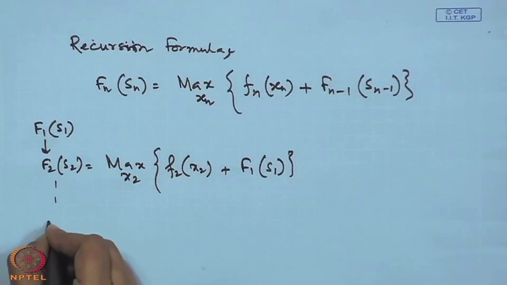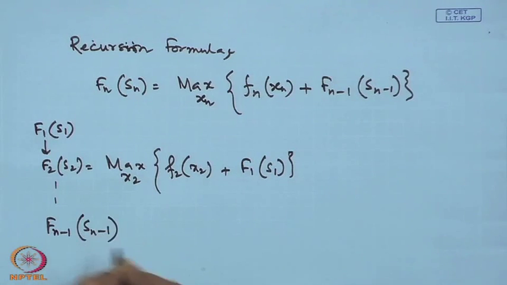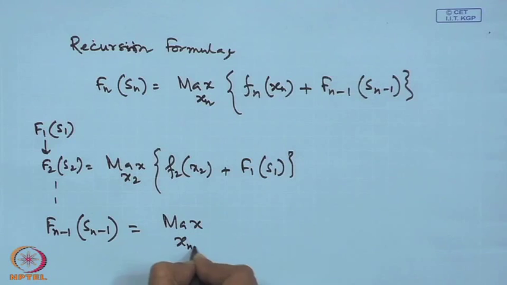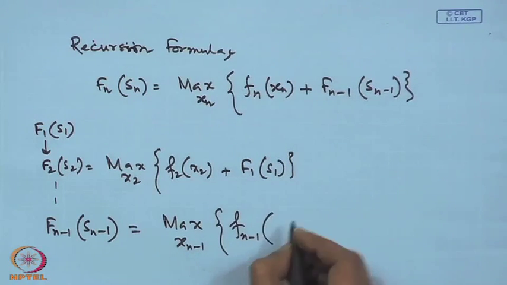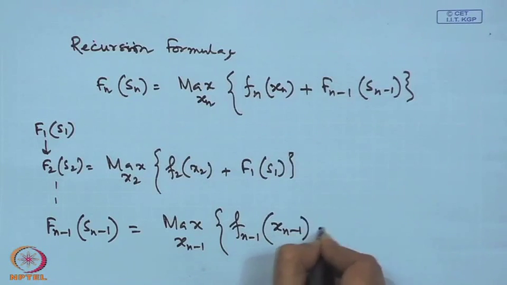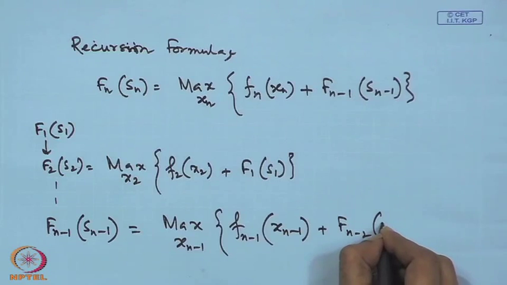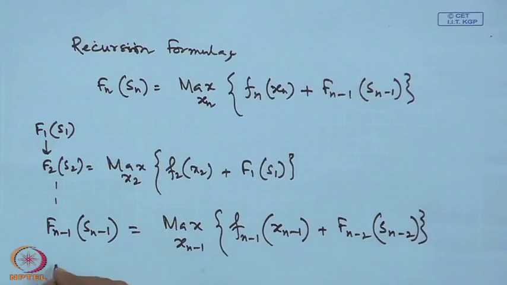In this way, if we proceed, we will move to Fn-1(Sn-1), which is equal to max over xn-1 of the objective function in that stage, and then we will reach the final stage, that is, the whole problem will be addressed once we calculate this.